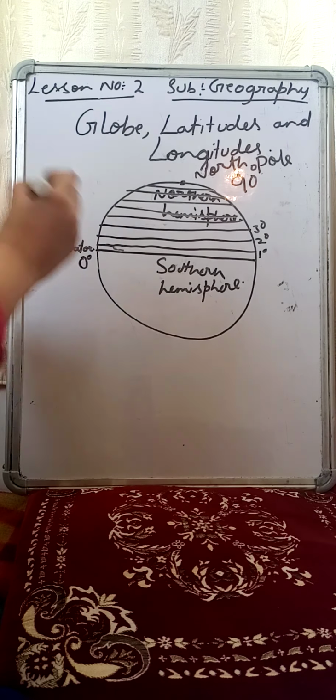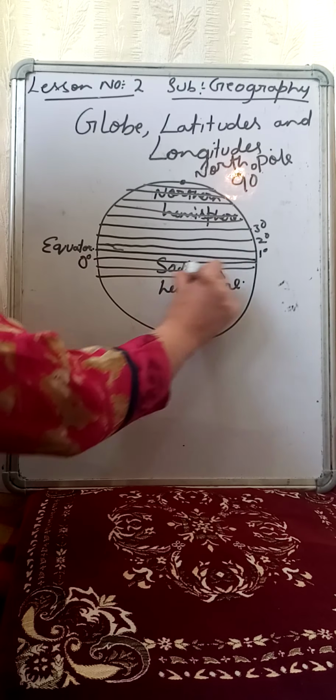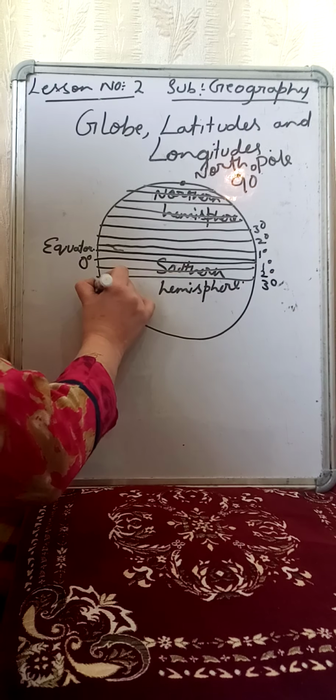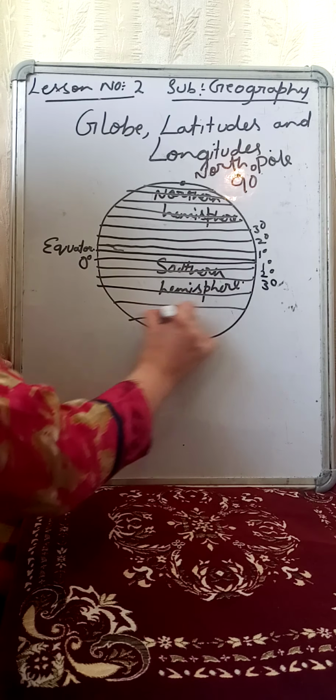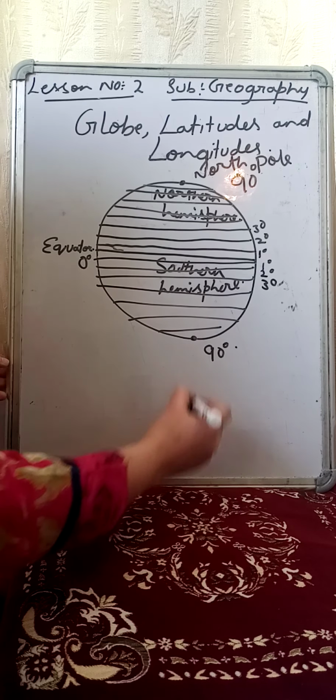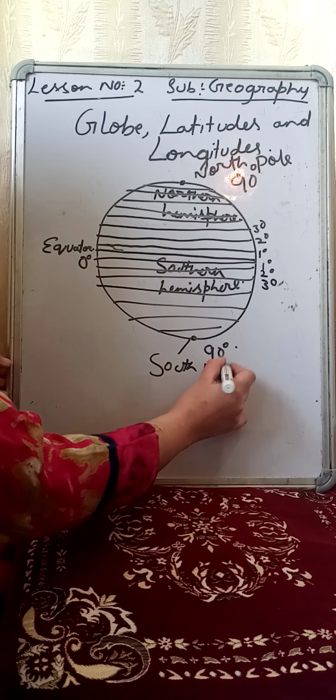In the same way, we have 90 lines drawn on the southern hemisphere, treated the same way: 1 degree, 2 degrees, 3 degrees. Then at the bottom we have 90 degrees, and this point is known as the South Pole.